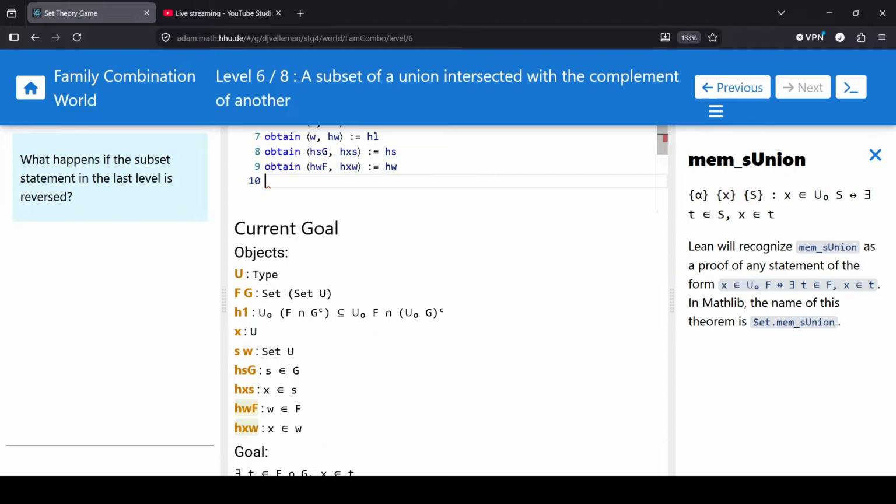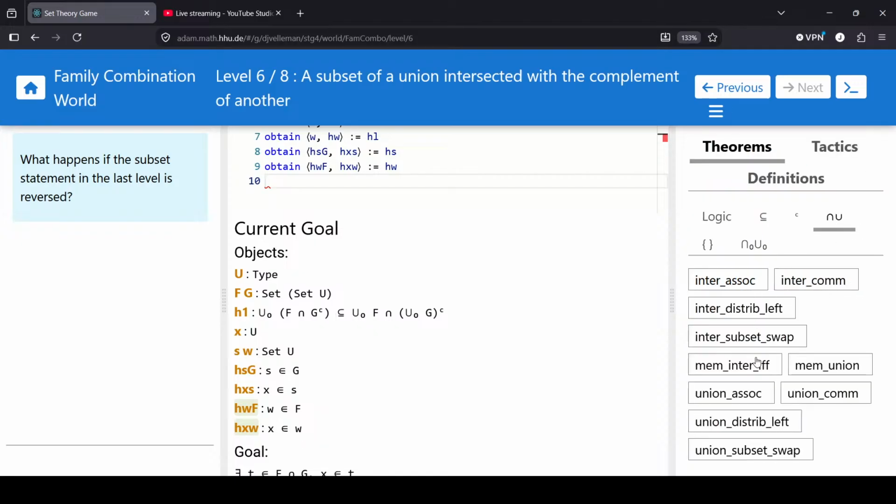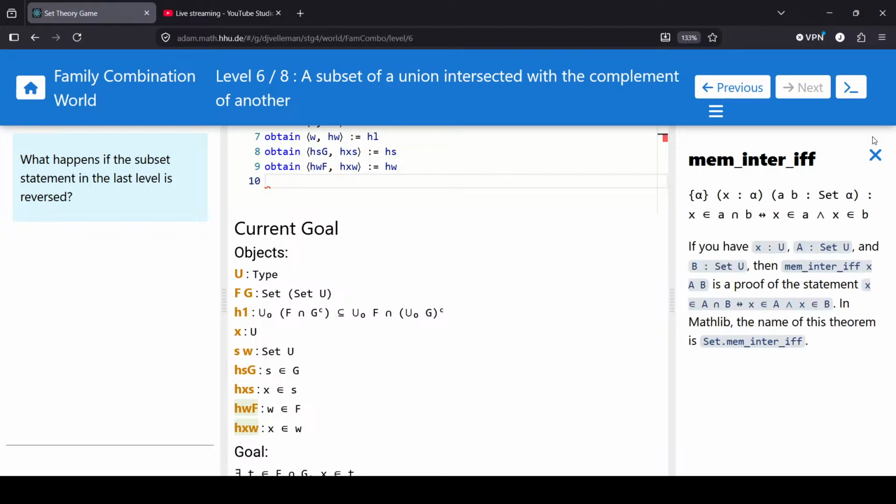So somehow I need to get an intersection. I mean, mem inter if is a way to produce one from an and. But I don't know how to go from there to this.